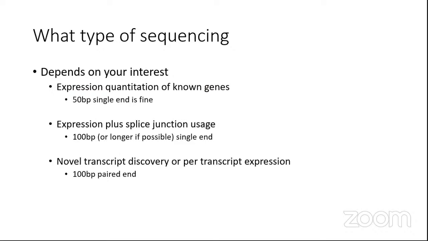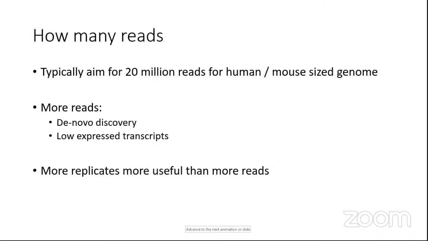So now let us see how many reads are required. So this is the length. Now how many reads are required for doing proper data analysis? Typically we aim for 20 million reads for a human or mouse size genome. As we know, these organisms have a 3.2 GB genome, human, and approximately the same for mouse.